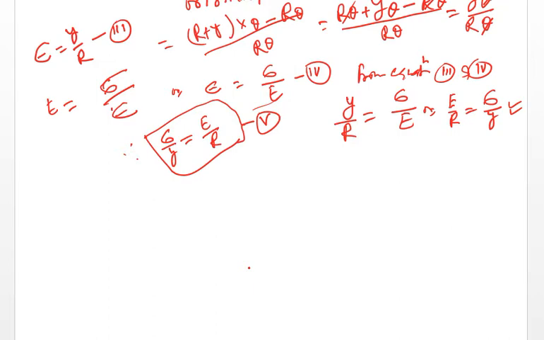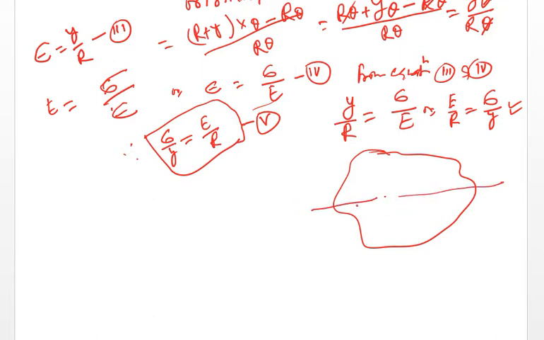The next is, let's take an elementary strip of the beam. This is the elementary strip, correct? This is the neutral axis, that is NA.